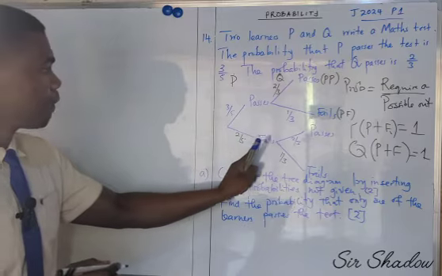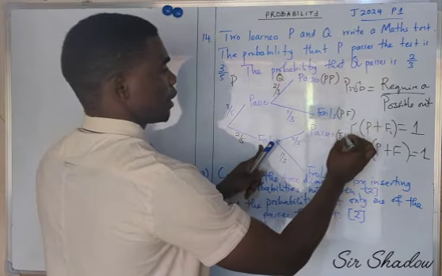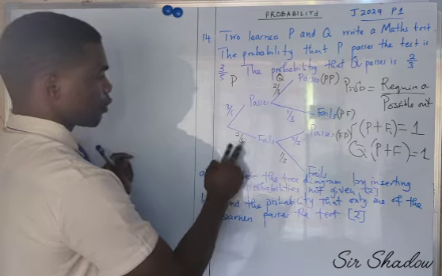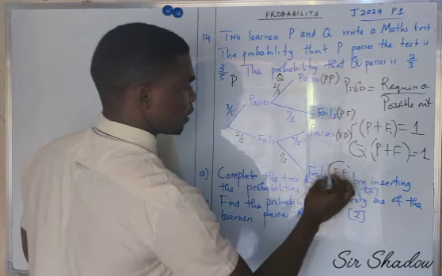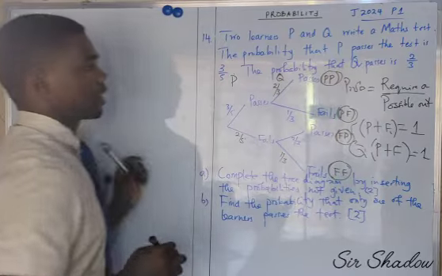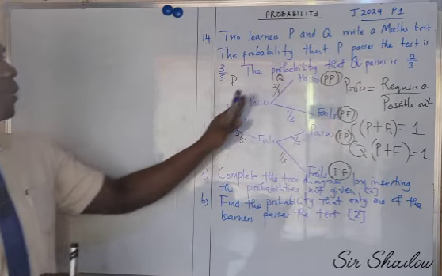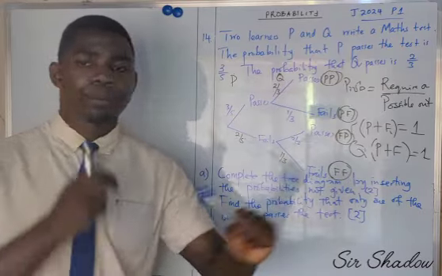Then here we have fail and pass. The last one we have fail, fail, FF. These are the possible outcomes: pass pass, pass fail, fail pass, fail fail.